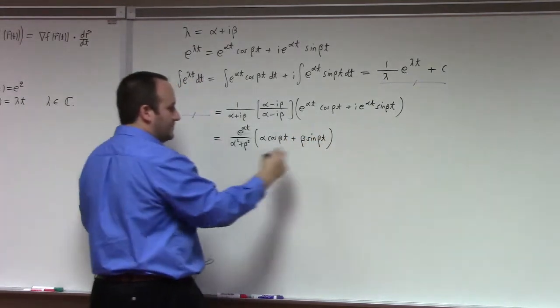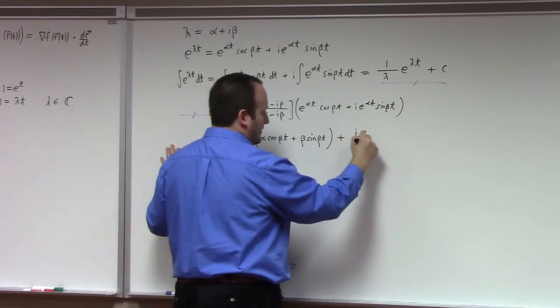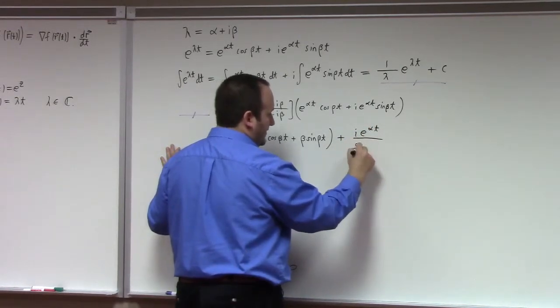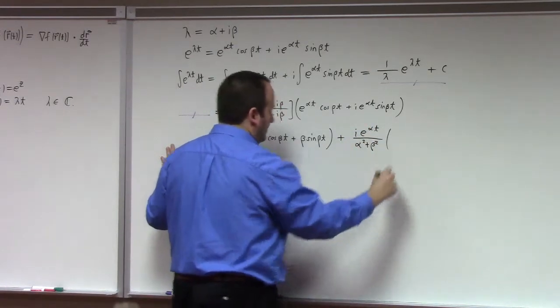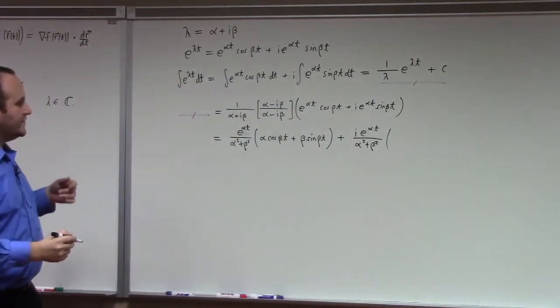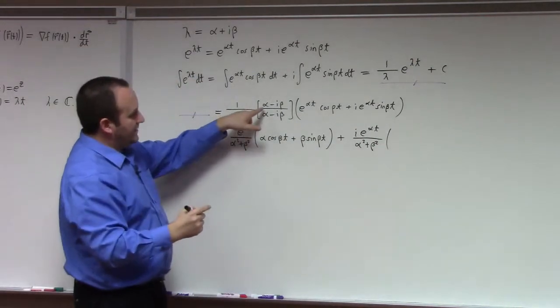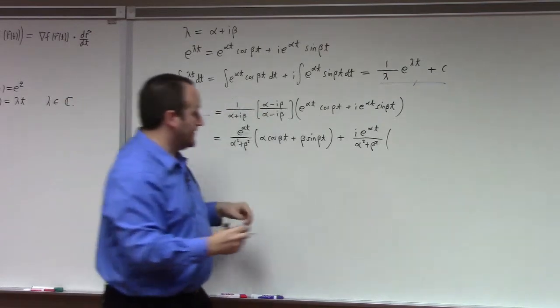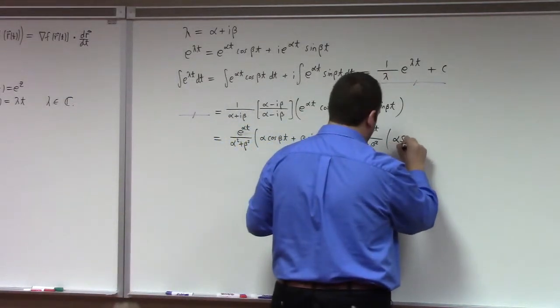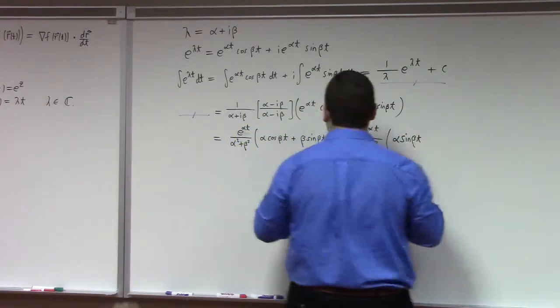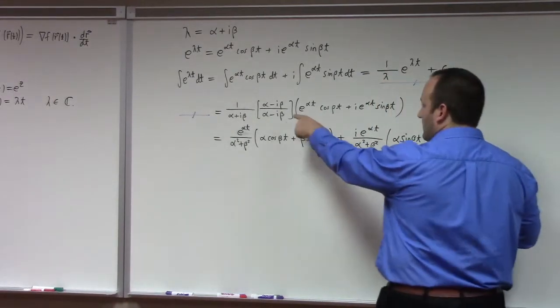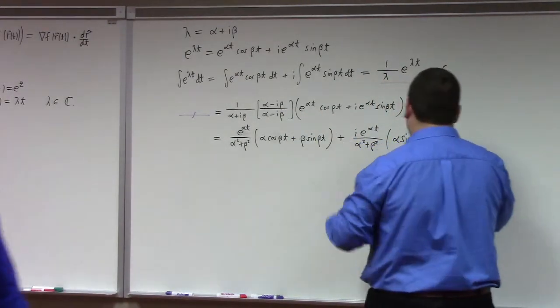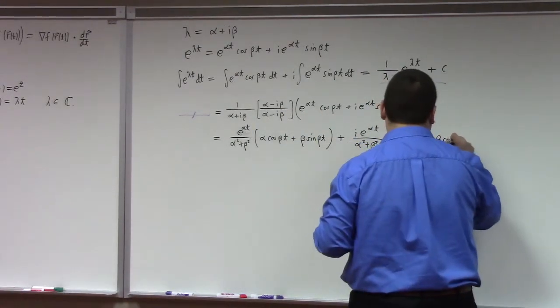Those are the real terms, plus I e to the alpha t over alpha squared plus beta squared. And what are the imaginary terms? I've got alpha sine beta t, and then of course I've also got the minus beta cosine beta t.